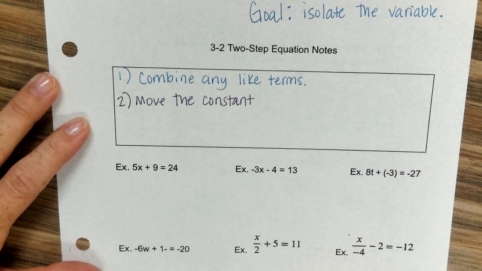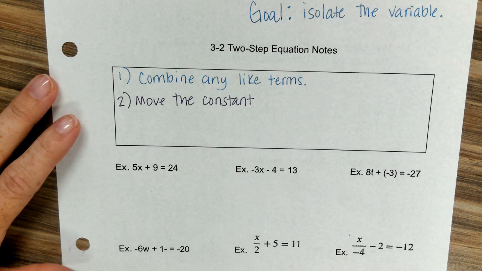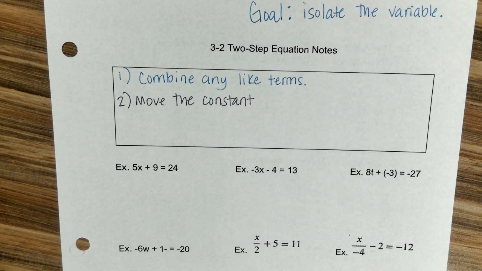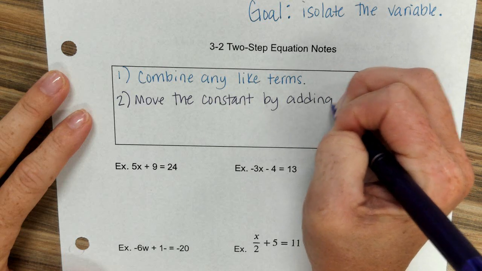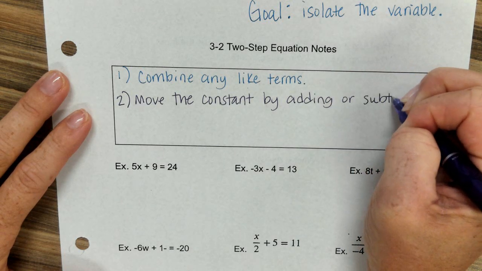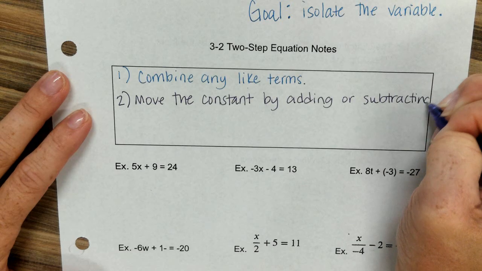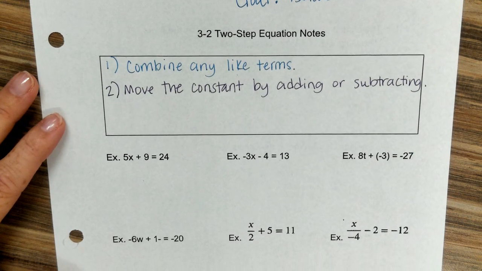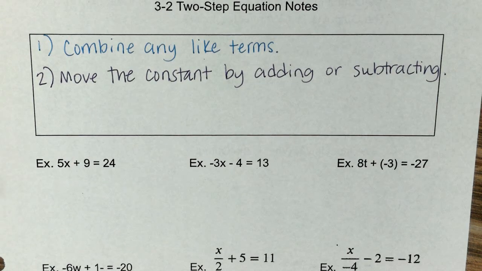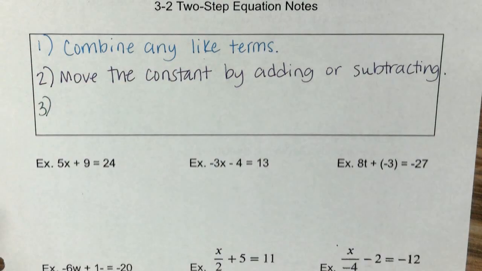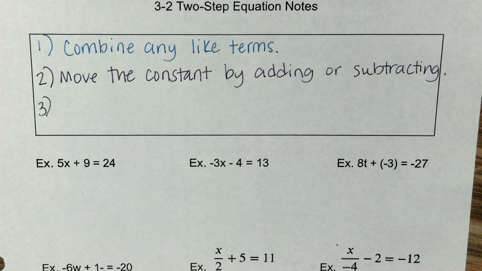Was that a vocabulary word on your test? Yes, remember I told y'all those are super important vocabulary words. You're going to move the constant by adding or subtracting. Now, it does say two-step equations, but some of them might have 3. Overall, it's going to be 2 steps today, okay? The third thing you're going to look for is if the variable has a coefficient.